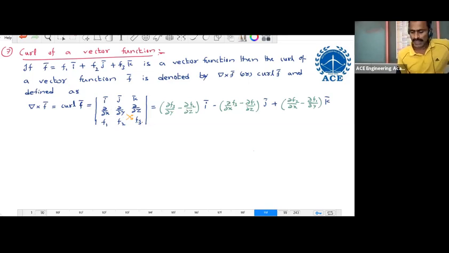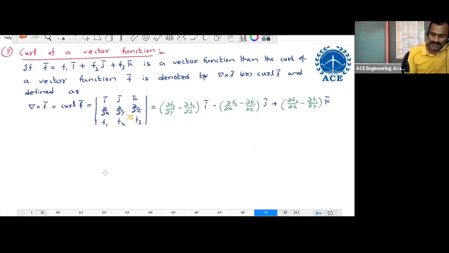I bar into ∂F3 derivative minus ∂F2 derivative, minus, next J bar into ∂F3 derivative, ∂F1 derivative into J bar, plus K bar into ∂F2 with respect to x minus ∂F1 with respect to x. Again, the output is in terms of i, j, k only.